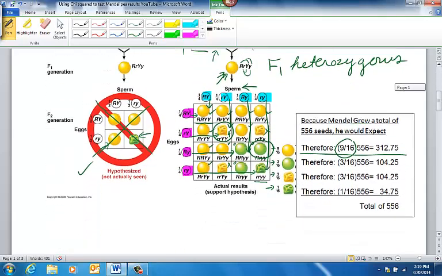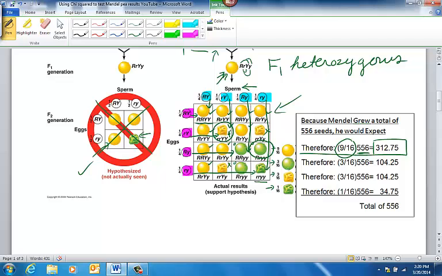Now, what would Mendel expect if he was growing 556 offspring, according to this hypothesis of independent assortment? 9/16 of them should be round and yellow. Now, if you do the math on that, 9/16 of 556 is 312.75. I know you can't get 0.75 of a pea, but we don't want to round at this point. It will mess up our math analysis later.